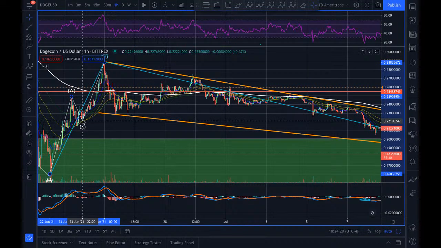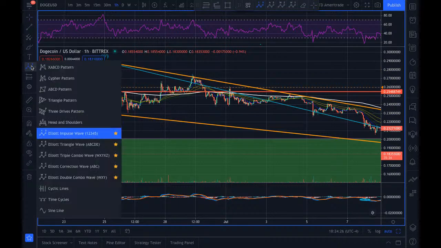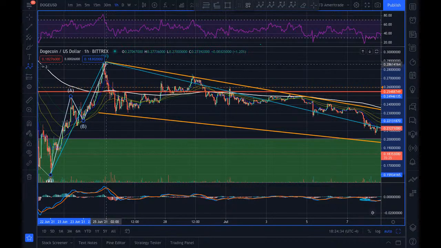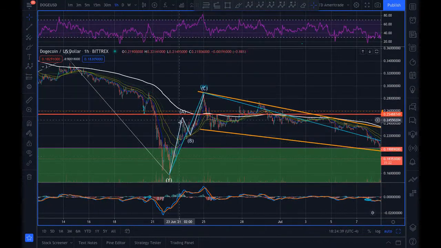This was here. 1, 2, 3, 4, 5. Oh, actually, that looks more like an ABC. I had that labeled a little bit wrong. A, B, C. So it should be something like that.